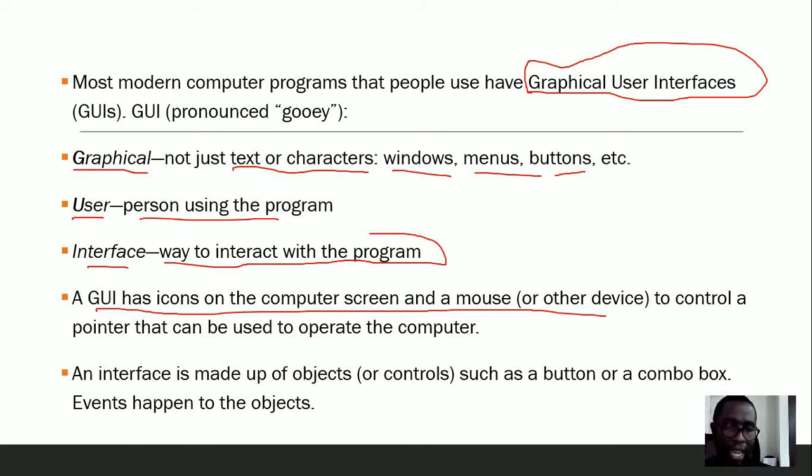So we have very many types of interfaces, and we'll look at them. So an interface is made up of objects or controls such as a button or a combo box, and events happen to the object. We'll come to understand that.